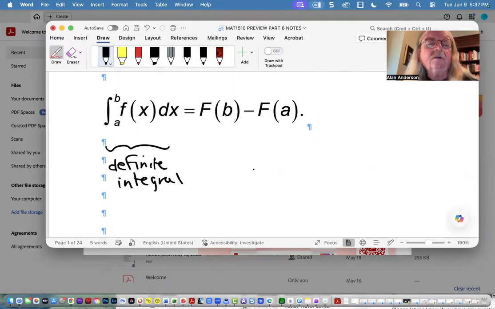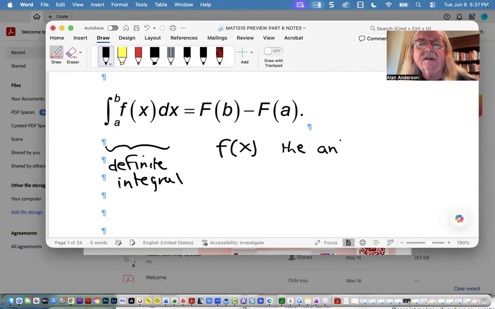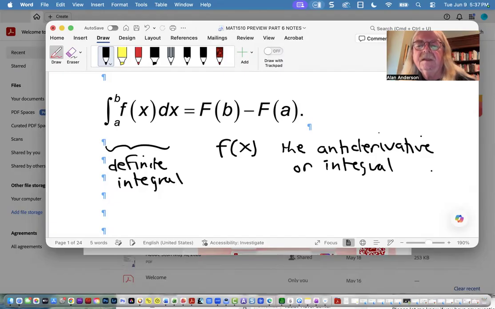Now, you may remember that capital F is defined as an integral or antiderivative. So if this is our function, the antiderivative, or integral as it's often called, is written in most books with a capital F.